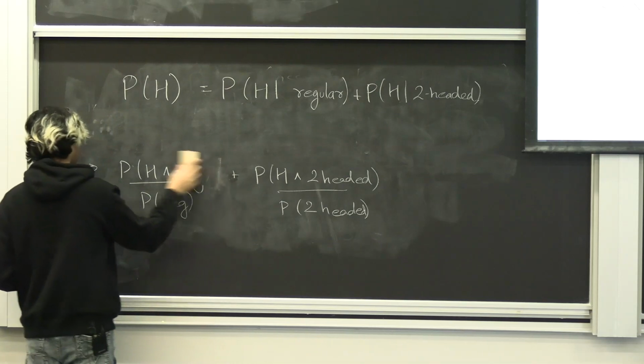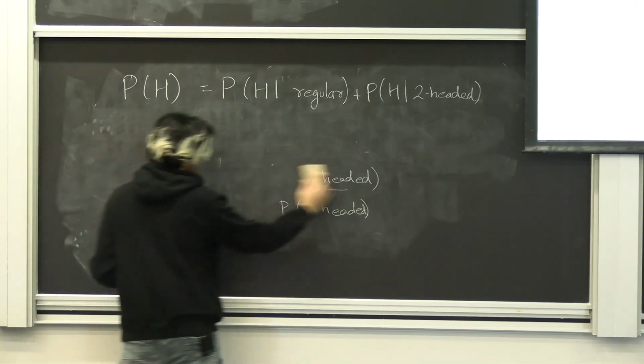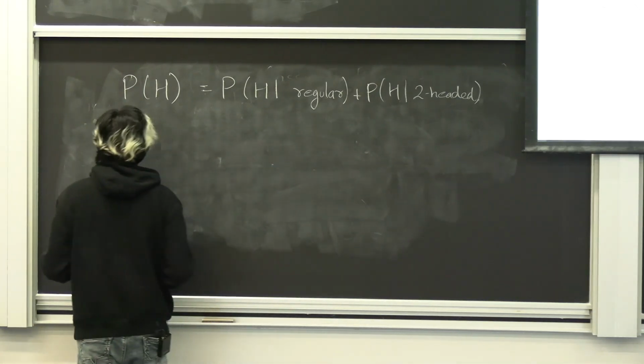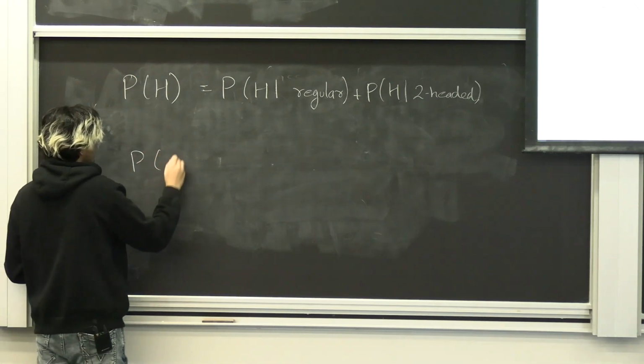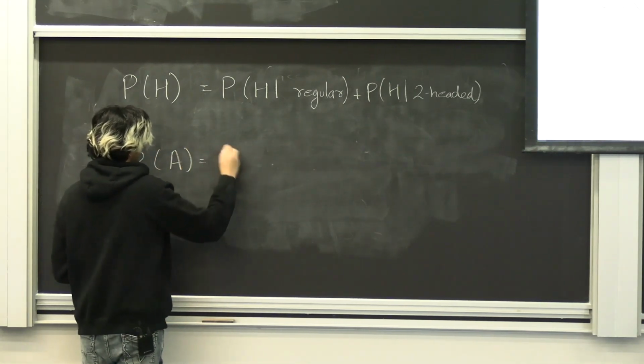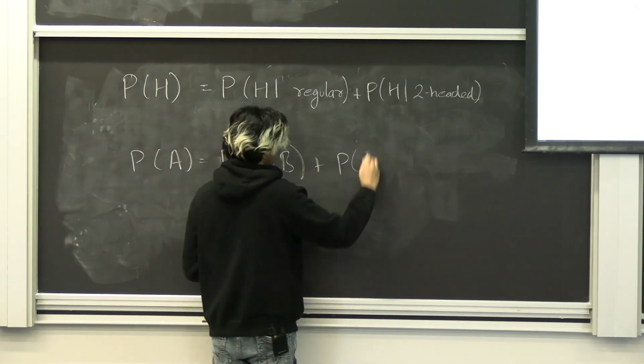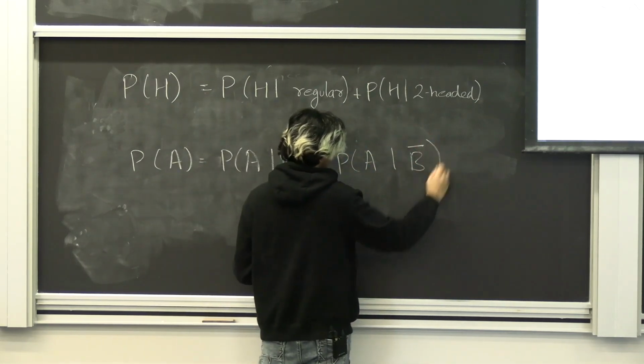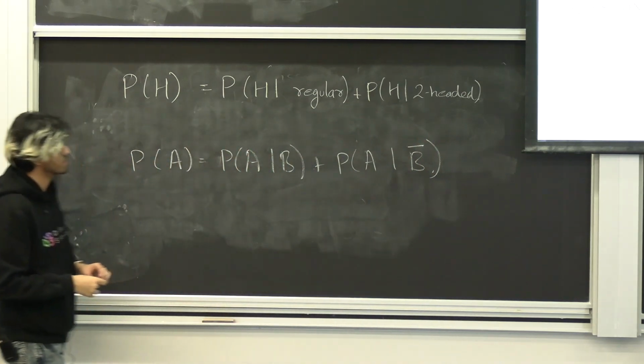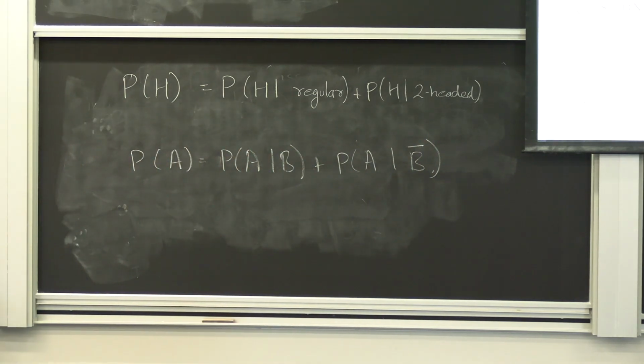Great. So this is something that you should know. Probability of A is equal to the probability of A given B plus the probability of A given B complement. Right? So we're using that.